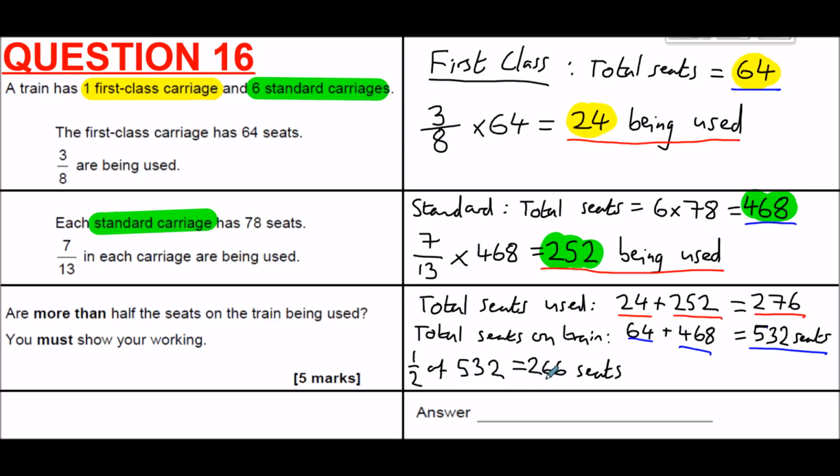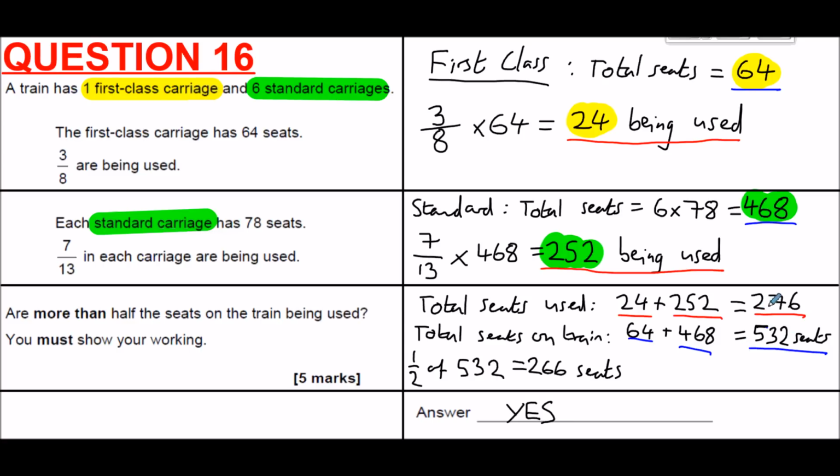So that would be half of the seats being used if there are 266 seats being used, but actually 276 seats are being used. So 276 is more than half because 276 is higher than 266. Therefore, the answer to the question, are more than half the seats on the train being used, is yes.